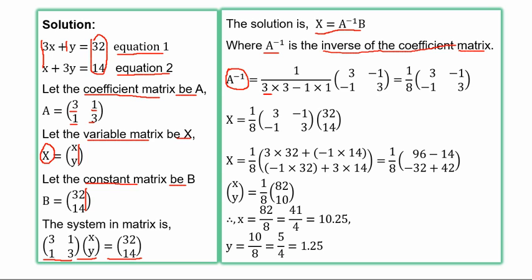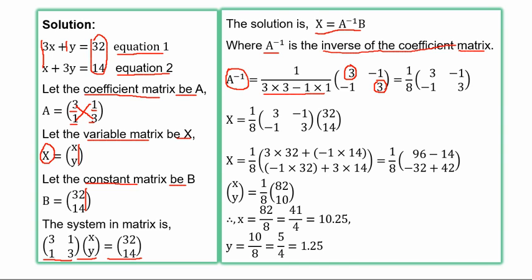The determinant of a 2 by 2 matrix is the difference of the products of the two diagonals. That is 3 times 3 minus 1 times 1. That is what you have here. For the inverse, the positions of the elements on the main diagonal are usually interchanged, but since they are the same, you have 3 and 3 there, and the other diagonal, 1 and 1, you negate it, meaning you multiply the second diagonal by minus 1.